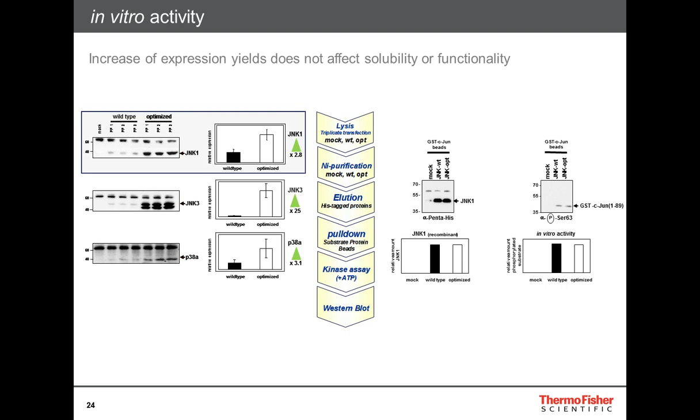So I will show you here an example of 3 proteins, kinases in that case, which we expressed again coming from wild type DNA or from optimized cDNA. And they all expressed better from the optimized genes. And for JNK kinase 1, we did a phosphorylation assay.